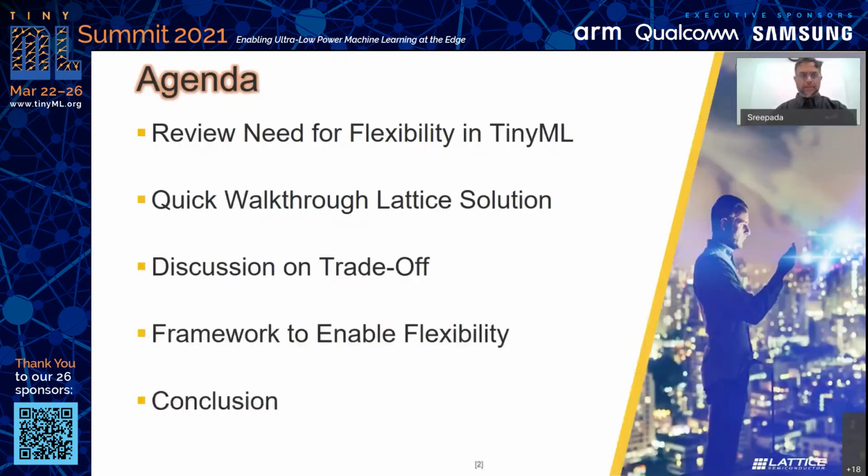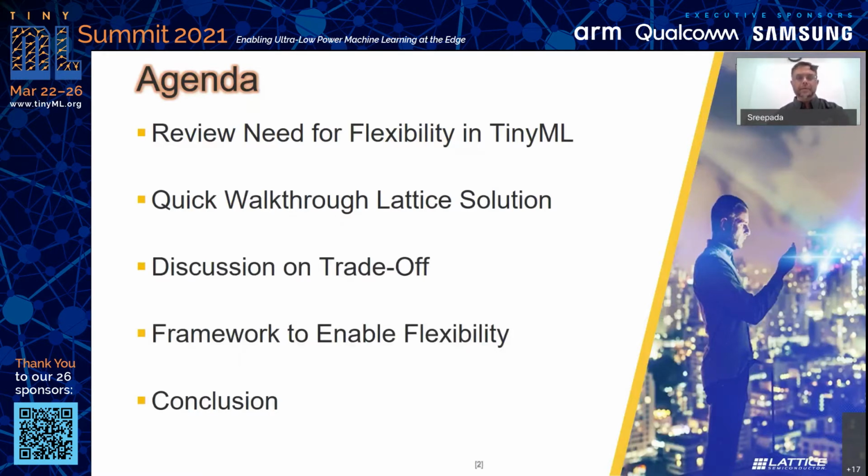Right. So this is the agenda for my talk. Basically, we will review some of the flexibility requirements in tinyML. Contrary to the belief that flexibility is required only in the neural network and operators supported, flexibility is required at every step of implementation in tinyML. We will look at some of those requirements and where they are required.